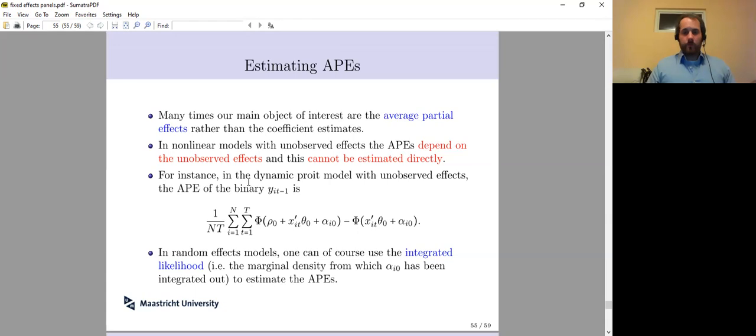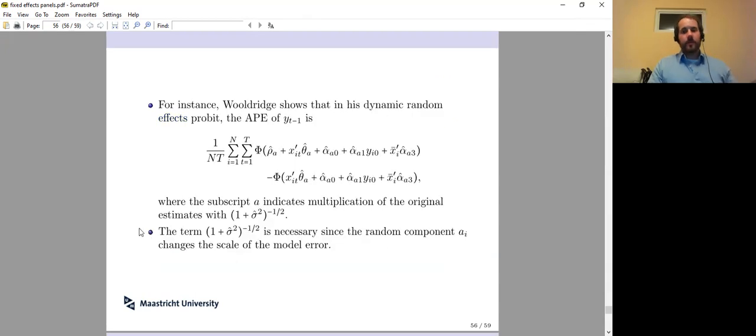Now, what we would do with random effects is, of course, take our likelihood where we have integrated out all the alphas, and we calculate the APEs based on that likelihood. For instance, for the Wooldridge paper, it looks like this. We plug in all the estimators for the parameters, and the A in the index simply means that we have to scale all the parameters with this thing.